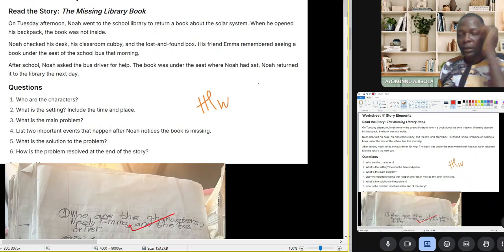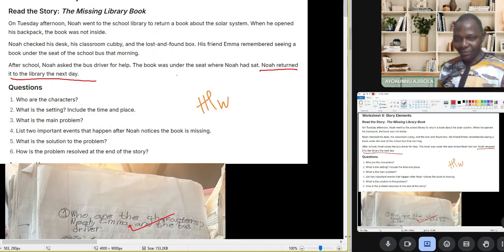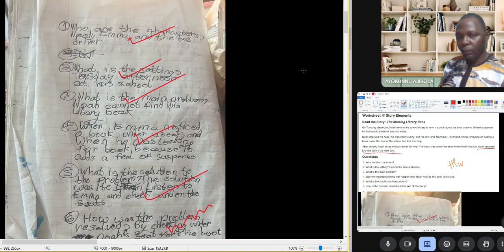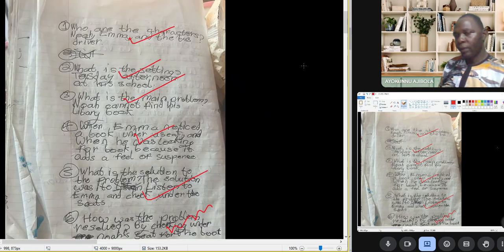The problem was he couldn't find the book and wanted to return it, right? Yeah. So at the end of the story, what happened? They returned it. That's the solution, okay? That is what happened at the end, right? Yeah. Okay. 1, 2, 3, 4, 5 out of 6.